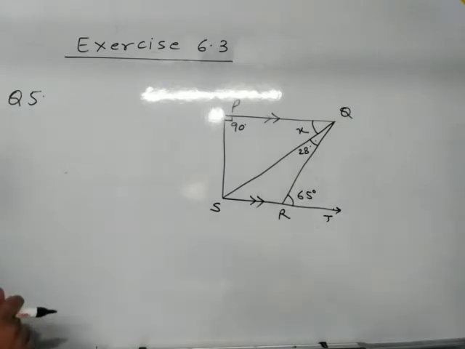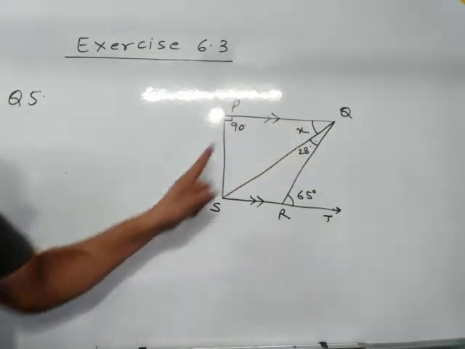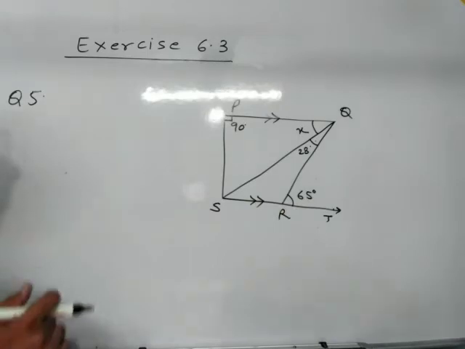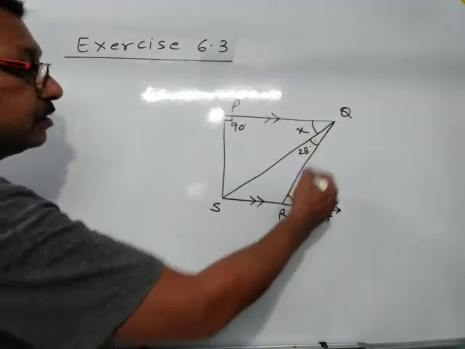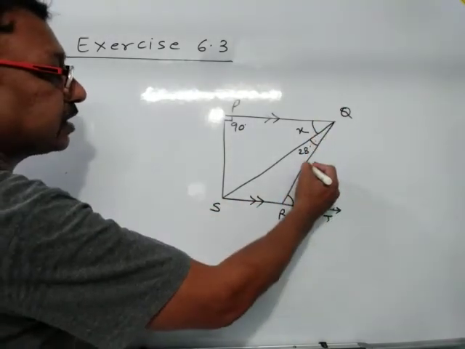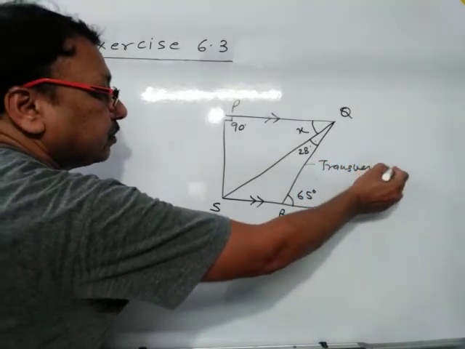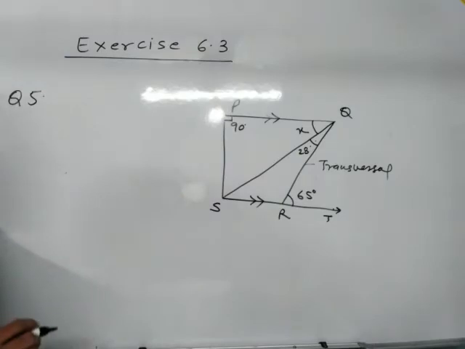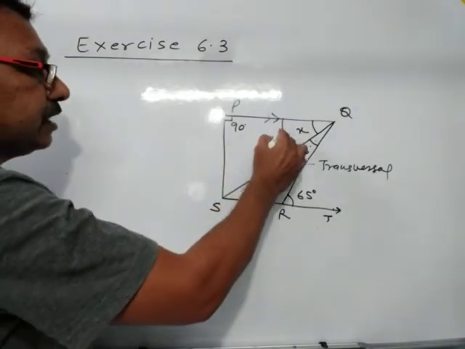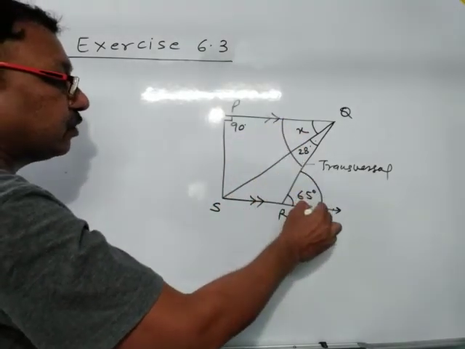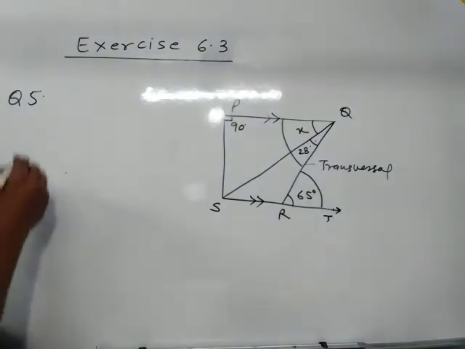In the figure, line PQ is parallel to SR, so QR is a transversal. If it is a transversal, then the pair of alternate angles are equal.